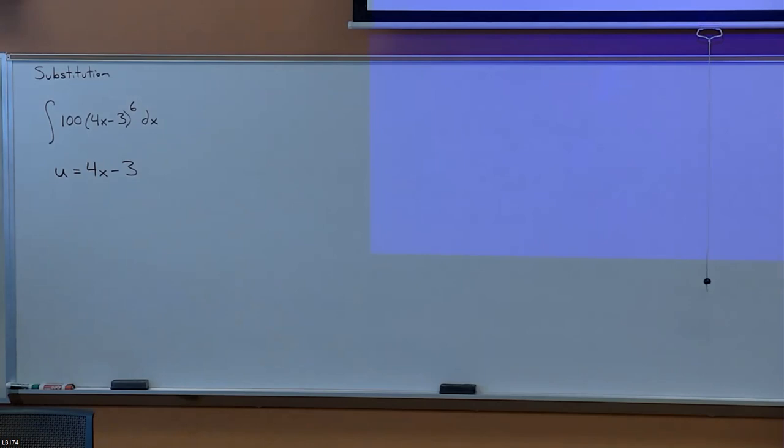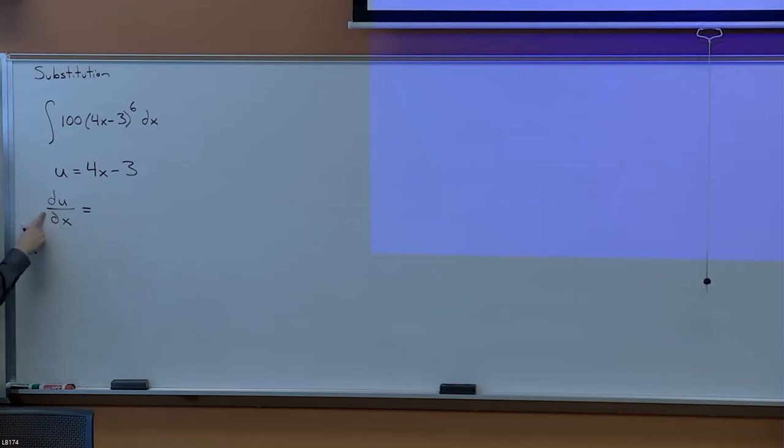What I'm going to do now is take the derivative of u with respect to x. Now, the derivative of u with respect to x can be written this way, right? du over dx, delta u over delta x.